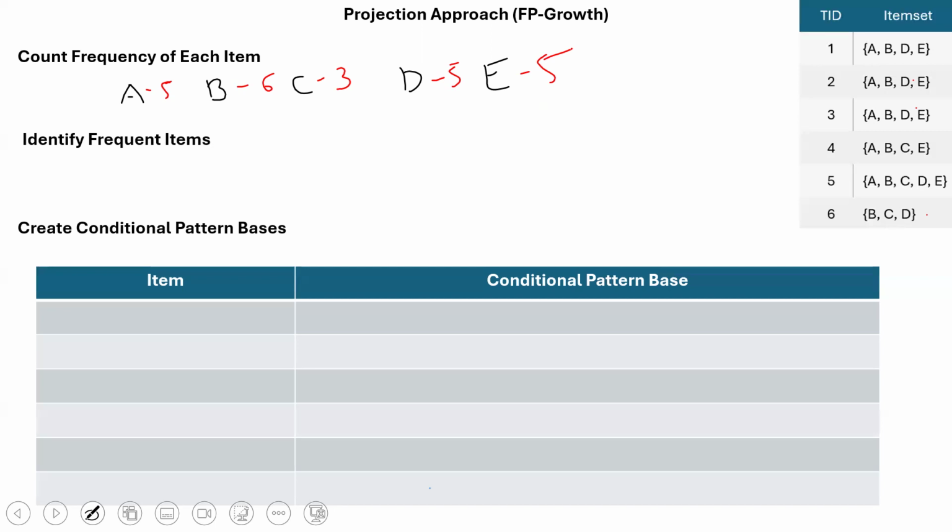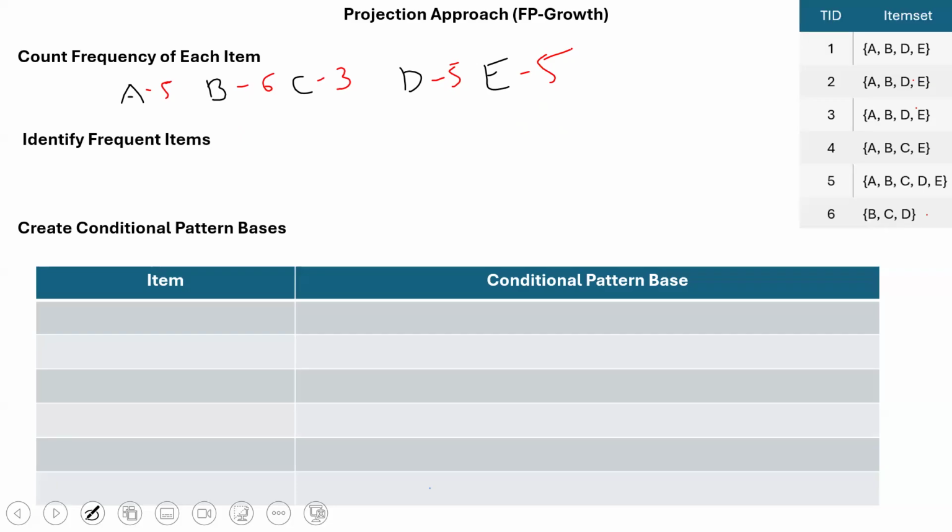Once this is found, the second step is to find the frequent items.